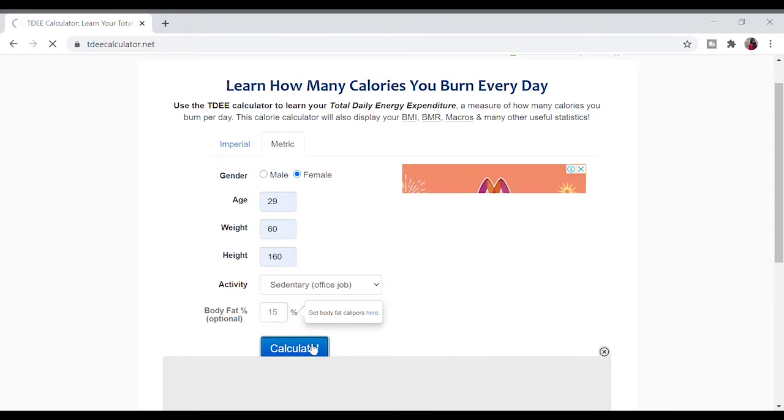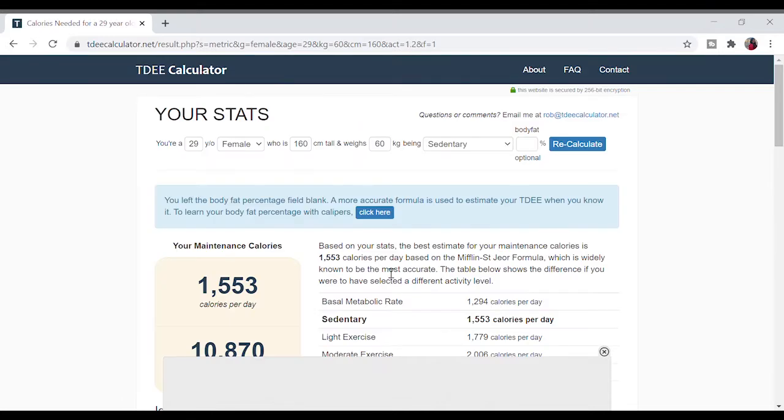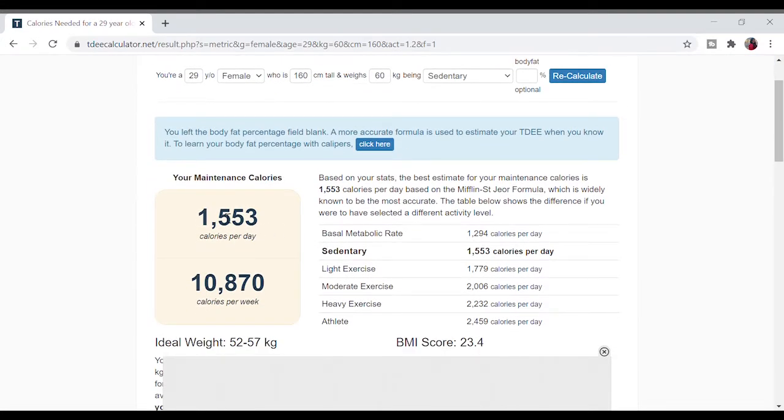Now let's see the results. See, it means if I am not doing any workout and if I'm only working and doing day-to-day activity, for that I only need 1553 calories. So that's my maintenance calorie. It means I will neither lose weight nor gain weight if I intake 1553 calories.